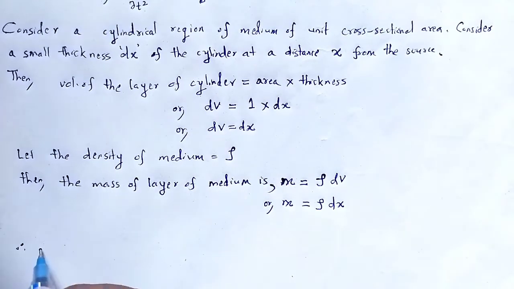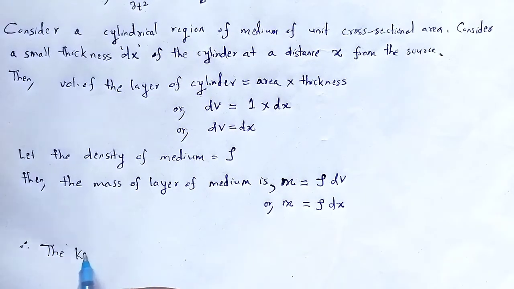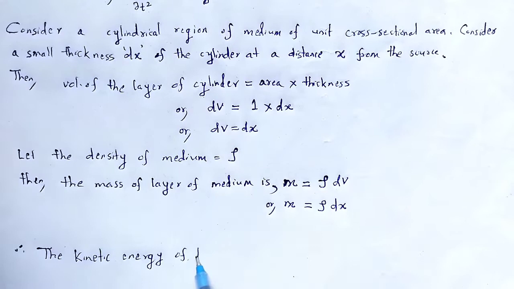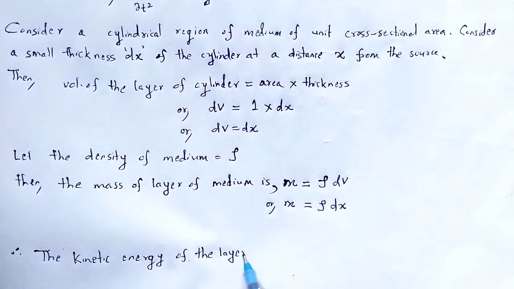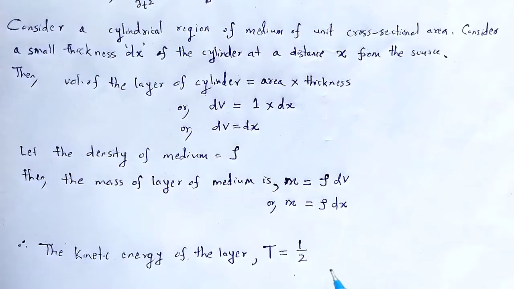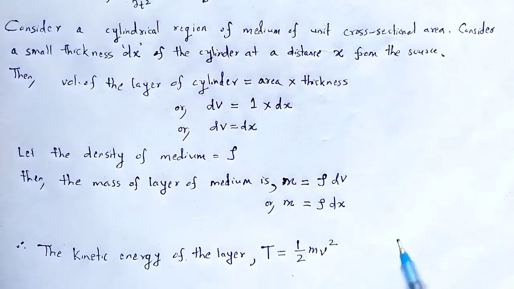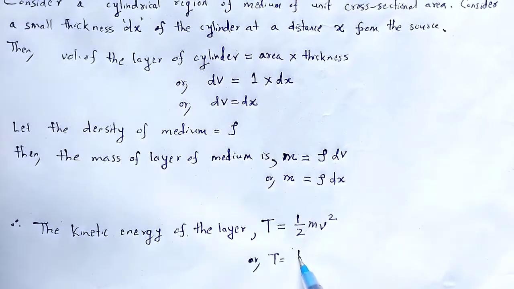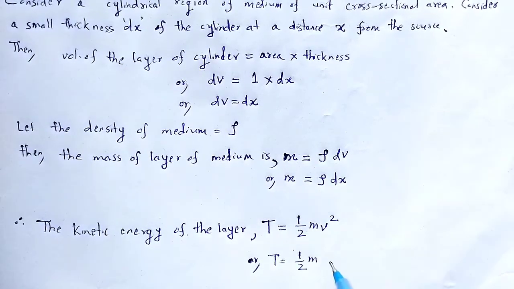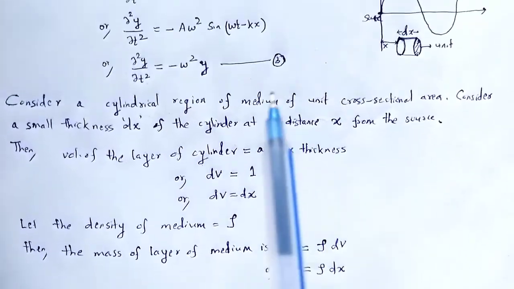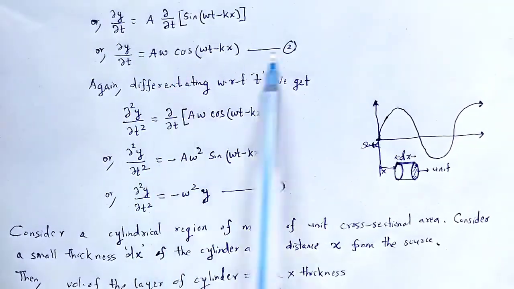Therefore, the kinetic energy of the layer, T is equal to half m v square, mass and velocity of the layer, or T is equal to half mass times the rate of change of displacement, del y by del t, whole square. Now we put in the value of del y by del t.